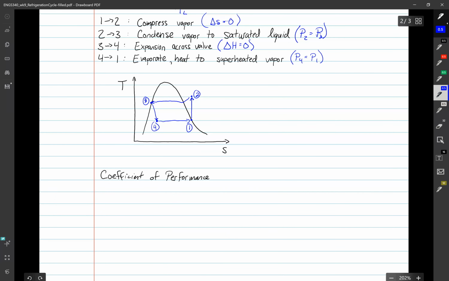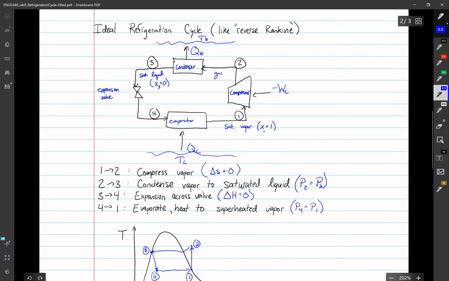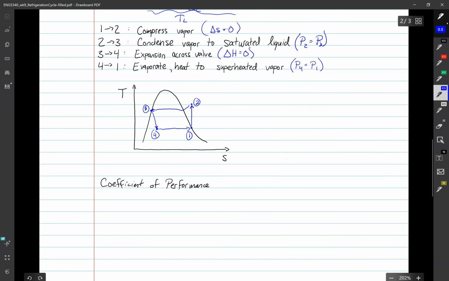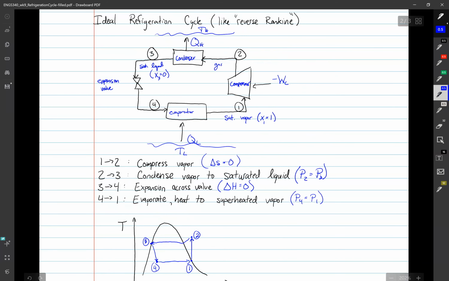We characterize the performance of a refrigeration cycle a little bit differently as well compared to a power cycle. In a power cycle, we're interested in how much work did we get out and how much heat did we have to put in. In a refrigeration cycle, we're interested in how much work did we have to put in, so the net work that we had to put in, and how much heat did we take from our cold environment.